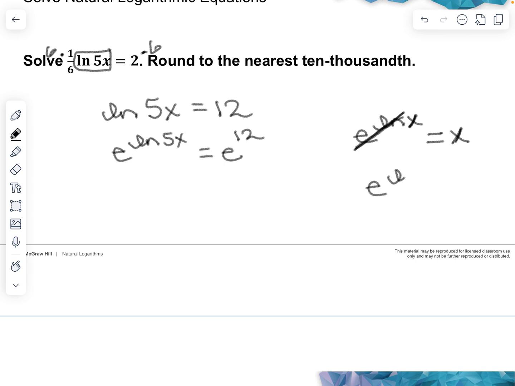So e raised to the natural log of x is just equal to x. So here I have e raised to the natural log of 5x. These cancel, and I have 5x is equal to e to the 12th. 5x is equal to e raised to the 12th power.